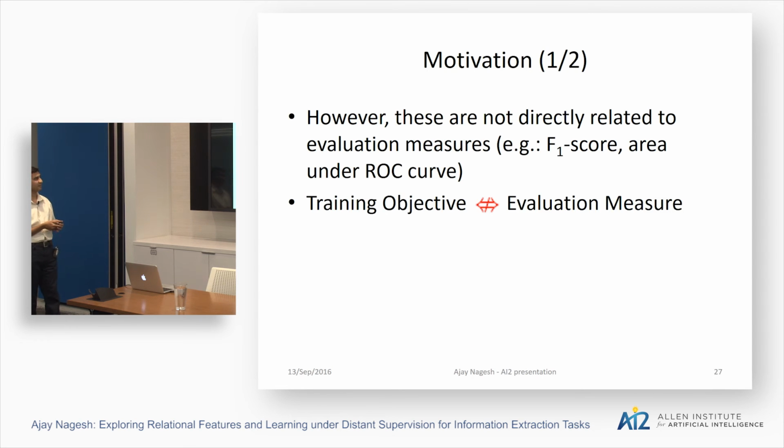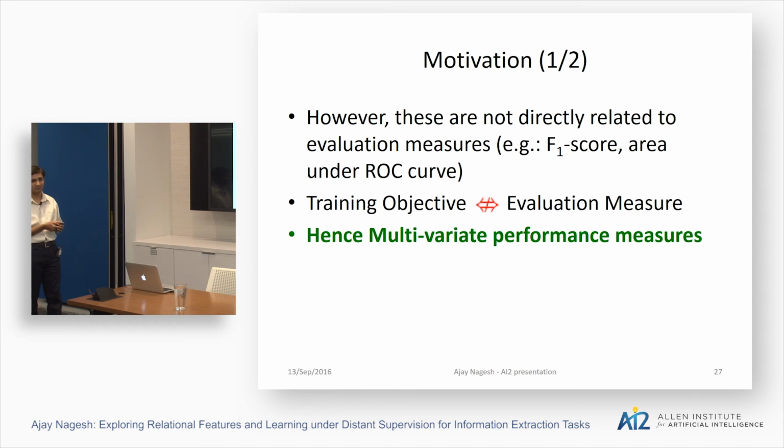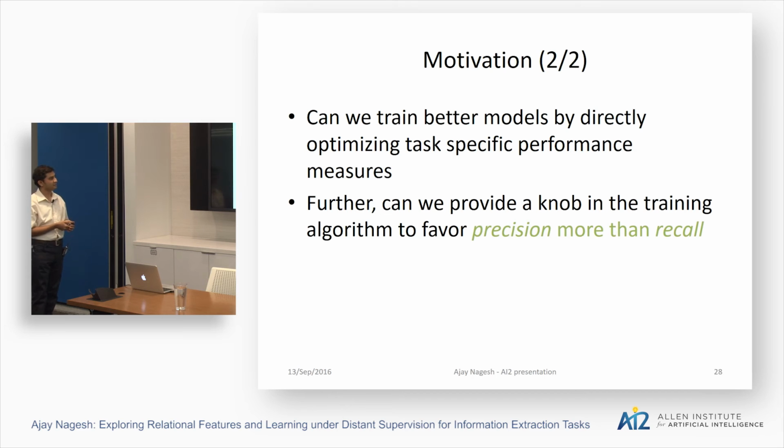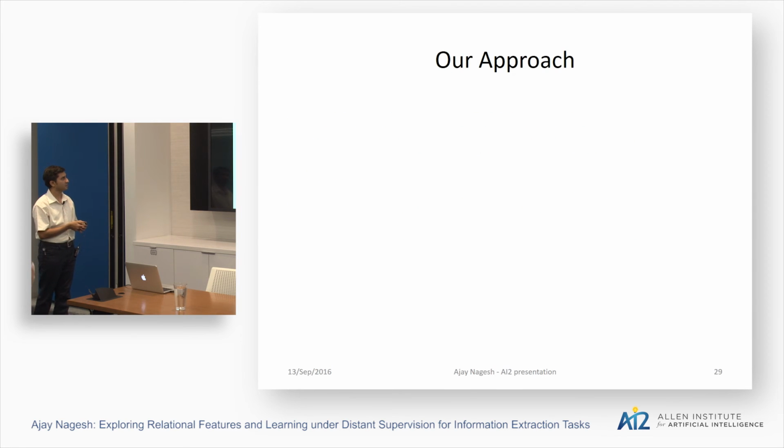So there is some kind of a disconnect between the training objective and the evaluation measure. Hence, we push for these multivariate performance measures to be optimized. And further, can we provide a knob in training to favor one over the other, like say precision over recall, something like that. So these are the two motivating factors of this work.